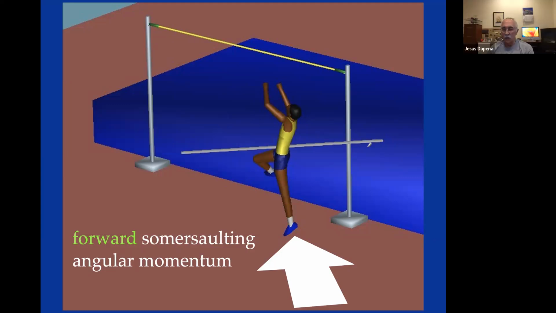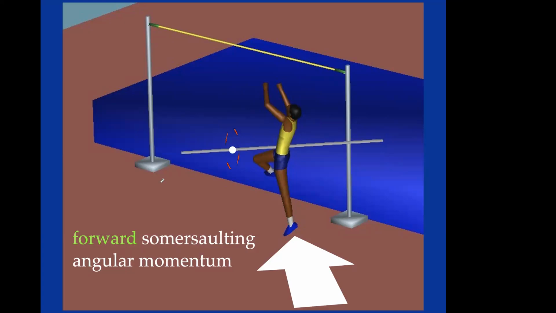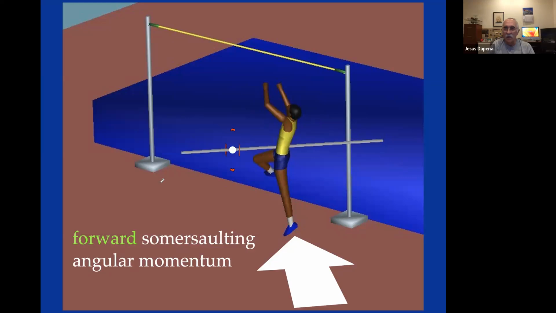So this gymnast would rotate in the way indicated by the arrows here. And at the peak of the jump, the gymnast would be like that. Of course, our high jumper does not want to be like that.